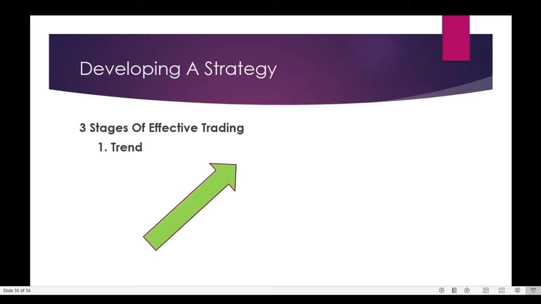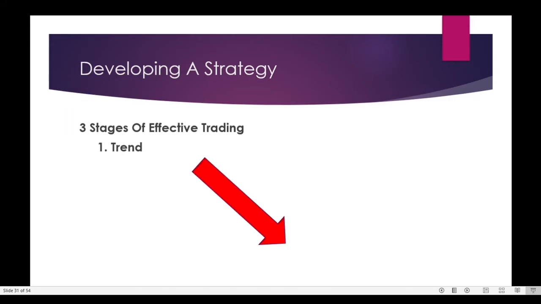We want to make sure that a trend is present because ultimately we may want to follow that trend. All right. We want to know if it's trending up or if it's trending down. And as you know, as traders, we can make money either direction. All right. So number 1, we want to identify a trend.